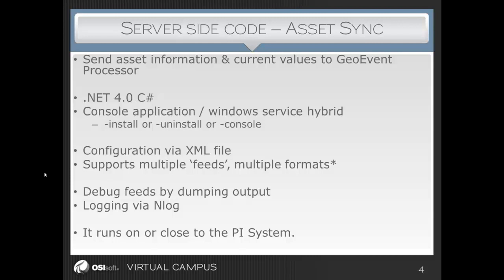Right now the default is logging to the console and logging to a file if you're running it as a service. And if you're planning on running this, please run it close to or on the PI system for low latency when retrieving the assets and retrieving the current values from the PI system.